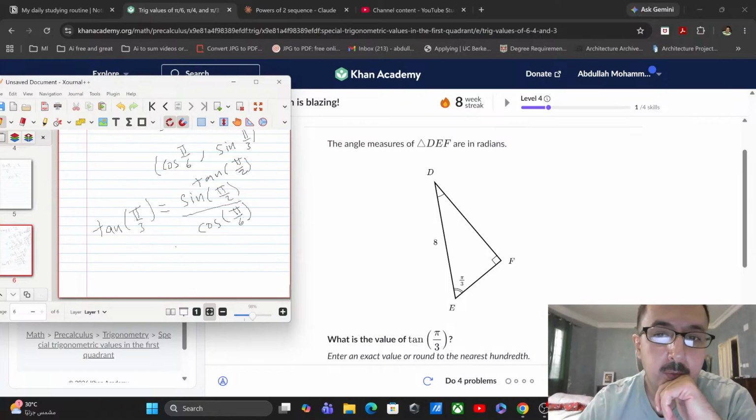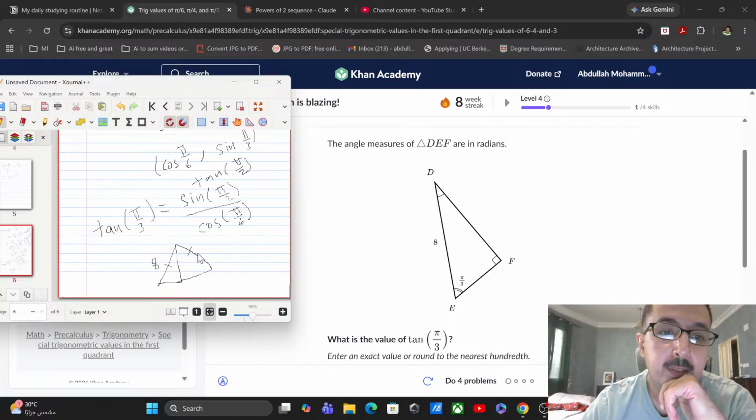If we draw this, when we say this is 8, and we draw another one here, and this is 8, then this and this, what's going to make you out of this?